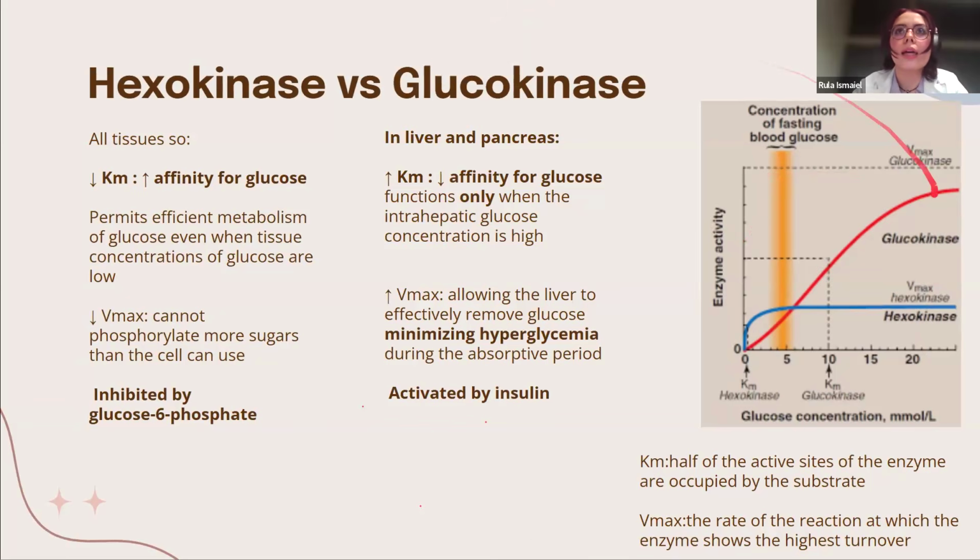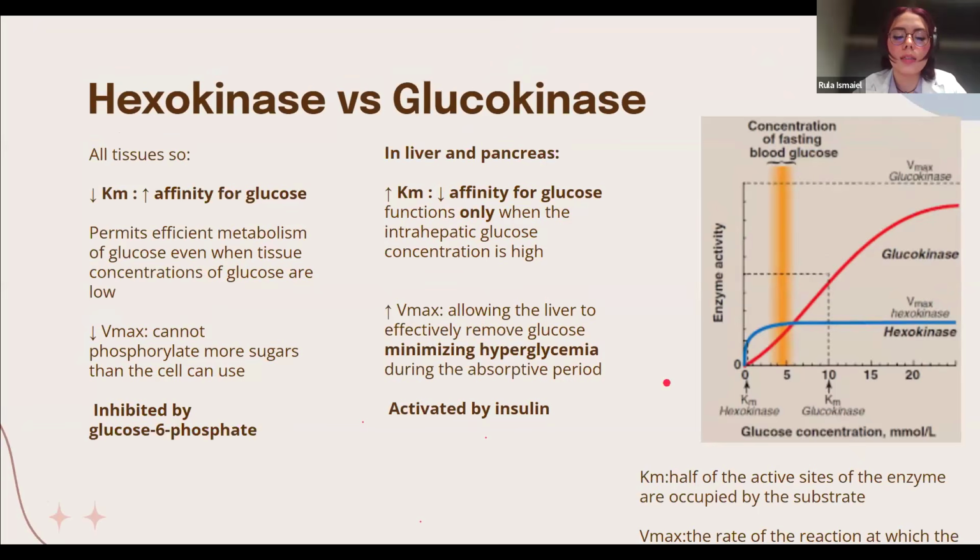Km is a measurement of when half of the binding sites available on the enzyme are occupied. So I have, let's just say, 100 enzymes. 50% of these are occupied. 50% of the binding sites have a substrate that they're working on, trying to break up or trying to synthesize.